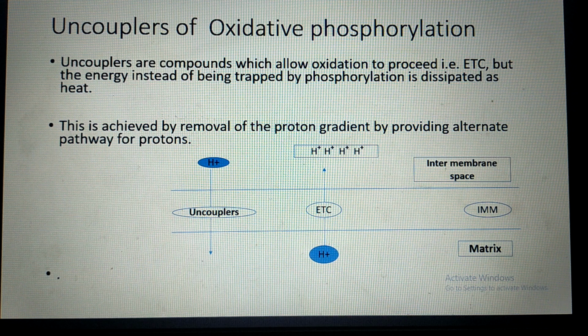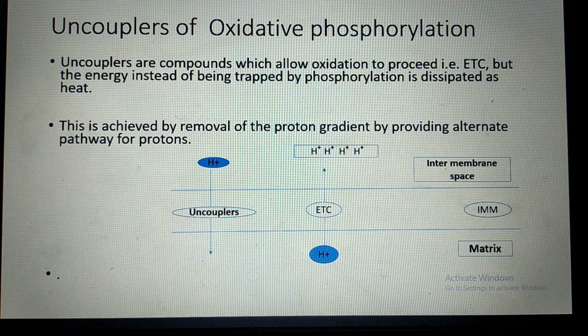In the intermembranous space more protons are present, and in the matrix fewer protons are present. That means positive charges are more in the intermembranous space and fewer in the matrix. Now the ionophores allow the potassium ion to travel through the inner mitochondrial membrane from the intermembranous space to the matrix.